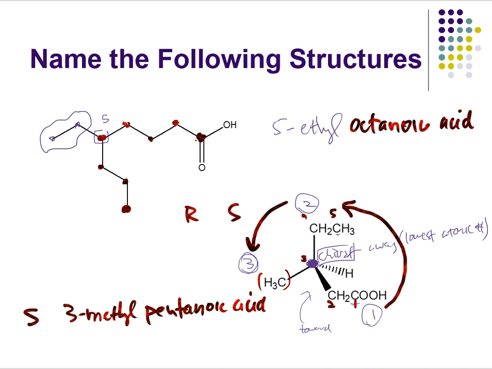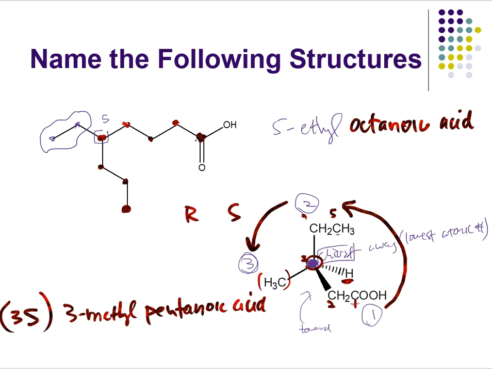And this is happening at carbon number 3 of the main chain. That's where this chiral carbon is at. So we need to put 3s out in front. So the 3rd carbon of the chain has an S stereochemistry. And then we name it 3-methyl pentanoic acid. If this group number 3 was not the lowest one pointing backward, then we flip it.